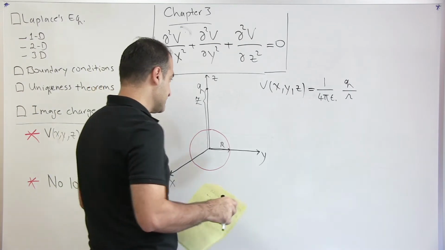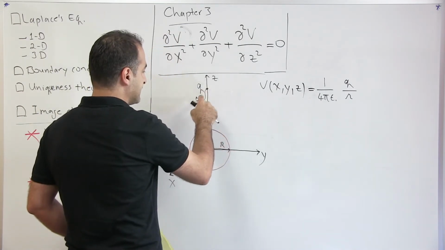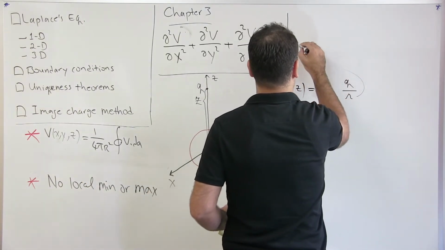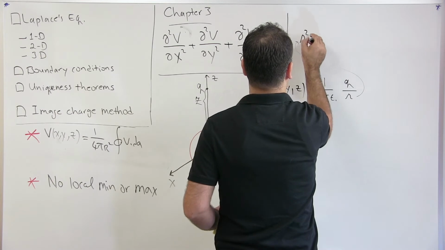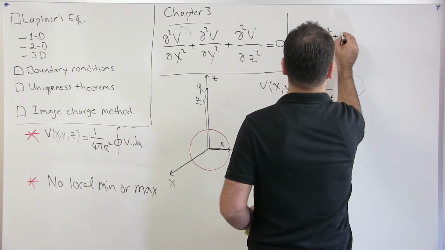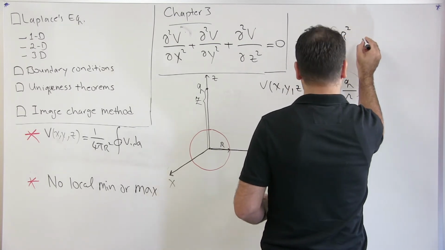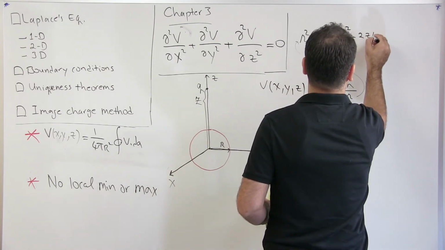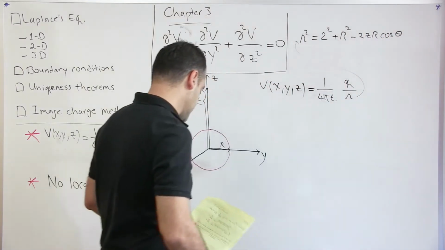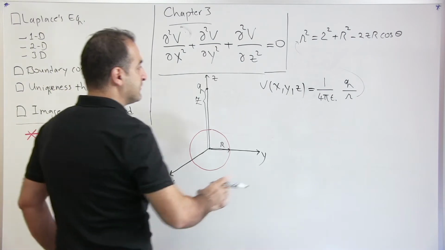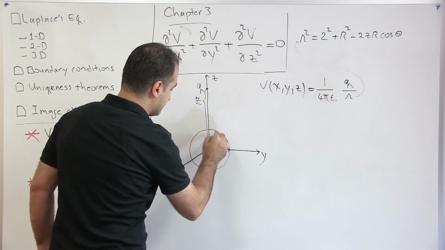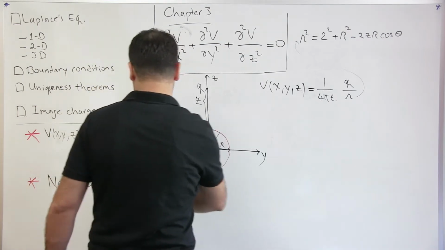In this case, because the point charge is sitting at the position plus z, the separation r squared is z squared plus R squared minus 2zR cosine of theta. We're going to use the R values that are on the surface of the sphere here, and we're going to look at that integral.